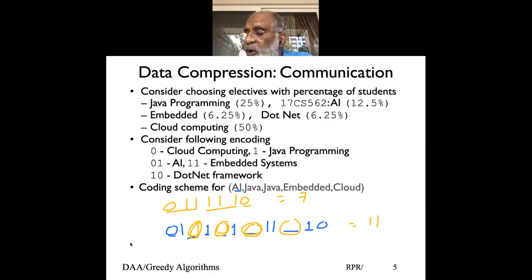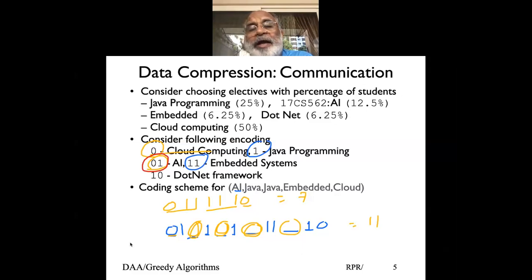And the problem lies in this: when you look at it, 0 could be cloud computing and 0, 1 could be AI. That means the encoding of cloud computing is a prefix of AI. Similarly, the encoding of Java is a prefix of embedded. And that means somebody could misinterpret it.